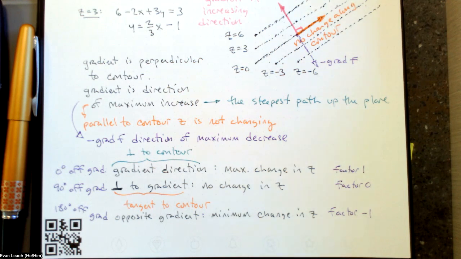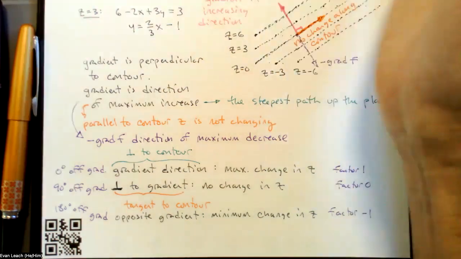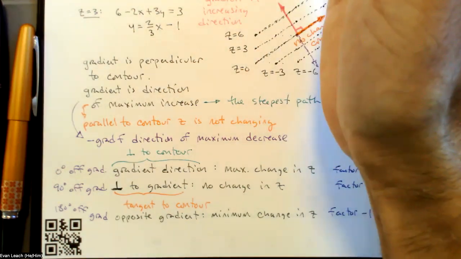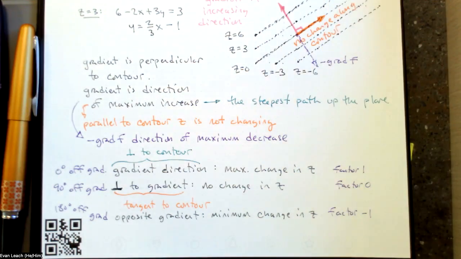The dot product. If I want the derivative, the rate of change of z in some direction other than the gradient, I just have to figure out how far off the gradient that is. And for that, all we need is a dot product. Because the dot product is multiplication at an angle. And so we just want to know, since gradient is maximum change, I want a factor of 1 for 0 degrees, so that's cosine.